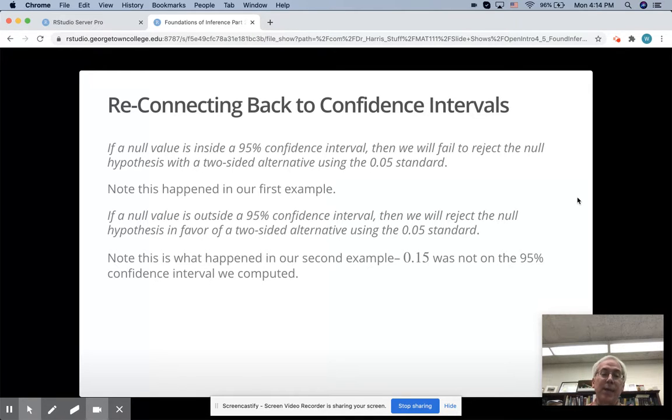On the other hand, in the second example, where p was 0.15, 0.15 was outside the confidence interval, if you recall, and it also was the case that we rejected the null hypothesis, that 0.15 was not a reasonable choice for the parameter. That's how it works. If the null value is in the confidence interval, we're going to fail to reject. If it's outside the confidence interval, we're going to reject the null hypothesis.